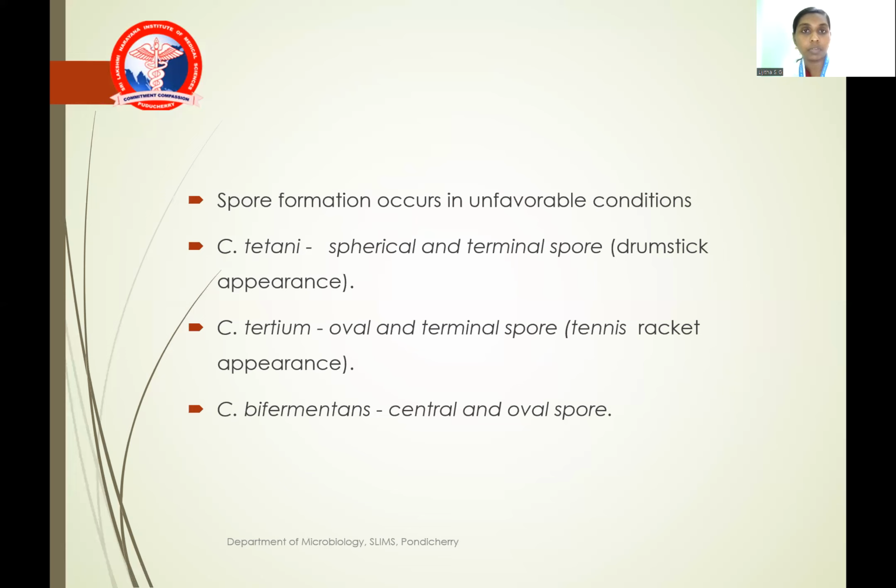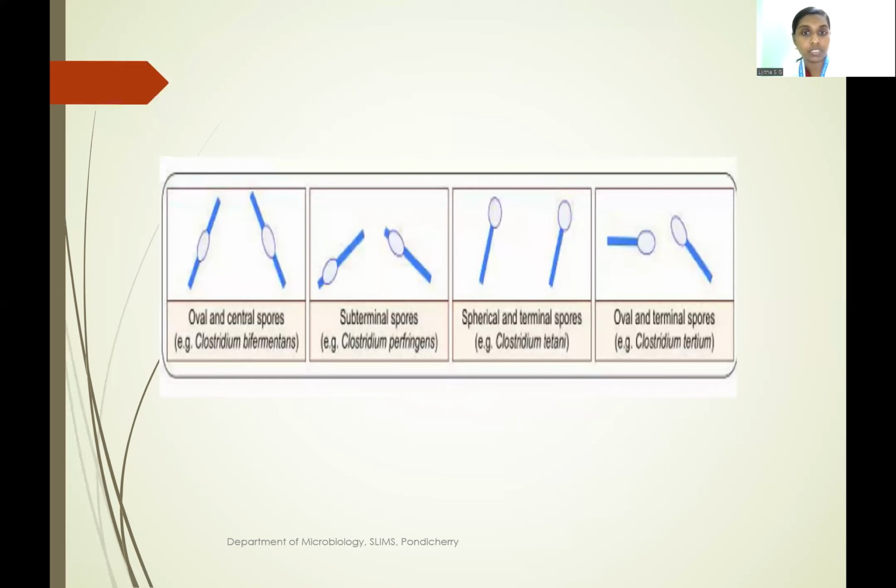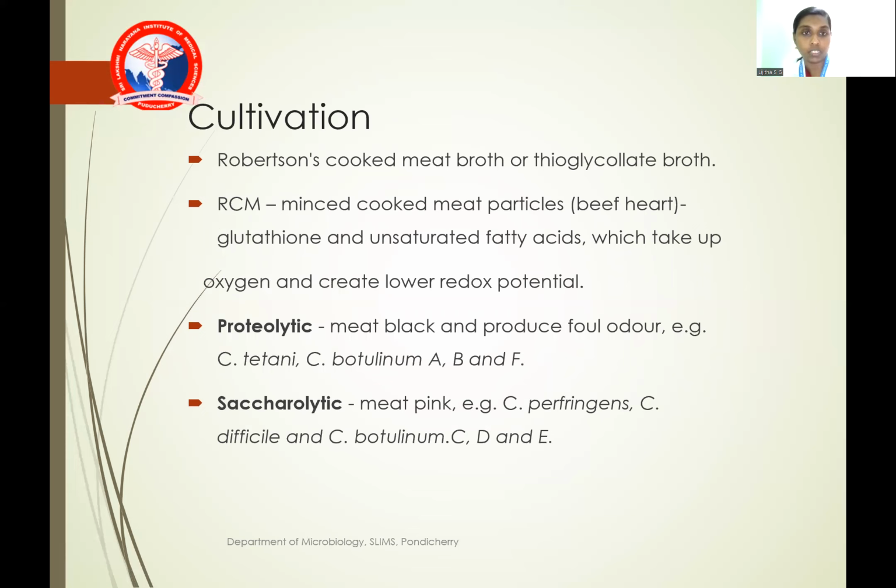Regarding the spore, almost all produce subterminal spores, and you know the exceptions. The drumstick appearance for Clostridium tetani, the tennis racket appearance for Clostridium tertium, and Clostridium bifermentans produces central oval spores. Regarding the cultivation, in RCM, the proteolytic organisms produce meat black, and saccharolytic produce meat pink.